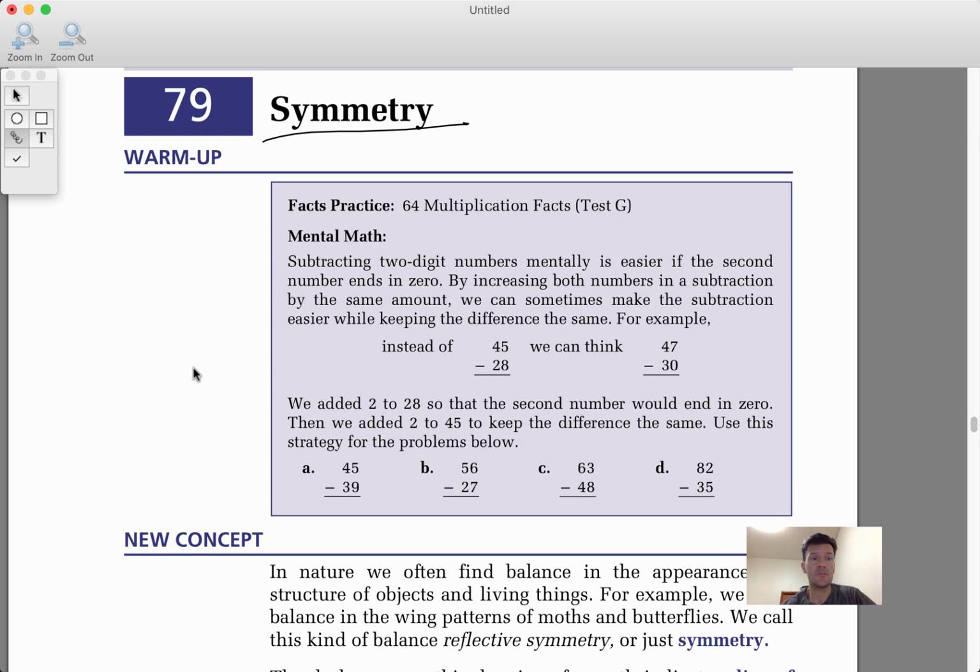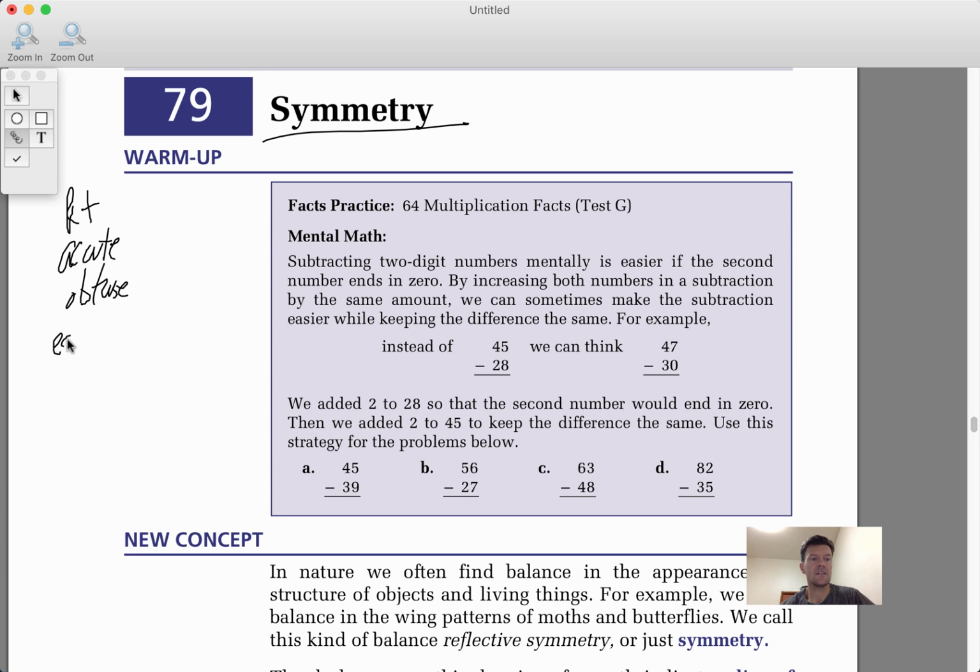We talked, remember, about different ways to classify triangles. We talked about naming them according to their angle, and we looked at right, acute, and obtuse, if you remember. And we looked at classifying them according to their sides.